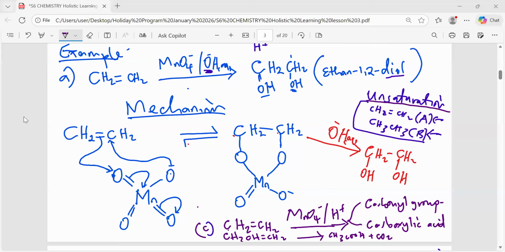So we are saying these extra electrons on this oxygen, because they are electron rich, are going to attack this carbon atom. When it attacks this carbon atom, the carbon remains unstable because now it will be having extra bonds.